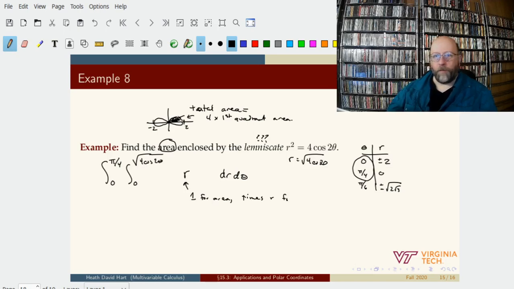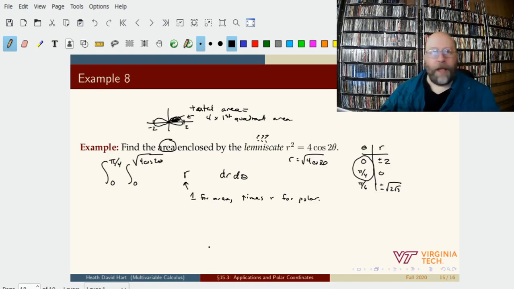Times r for polar. Okay? And that square root turns out not to be as bad as you think it might be, because when we integrate r dr d theta, we get r squared over 2, and the square and the square root cancel each other out. And so when we solve this, it's going to work out pretty nicely. Okay?